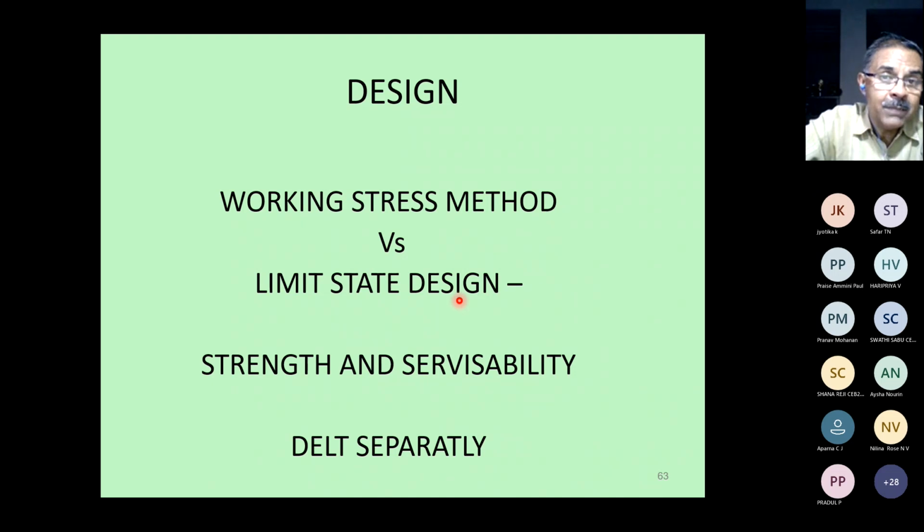Allowable stress method is a method in which we limit the stress in each element or each material to certain allowable or working values. For example, concrete, as you know, is M20, M30. It's all called the fck value or the 28th day cube strength value.